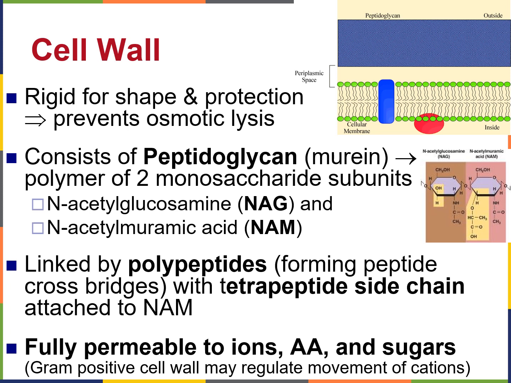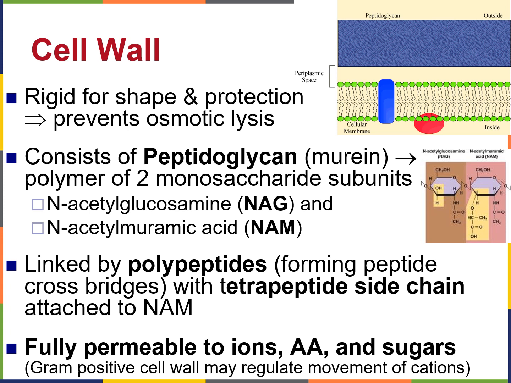Now, before we move on, when you hear the term cell wall, it's very easy to picture a wall in your house or a wall in a building. A wall is typically a very solid structure that does not allow any type of material to pass from one side of the wall to the other side of the wall.